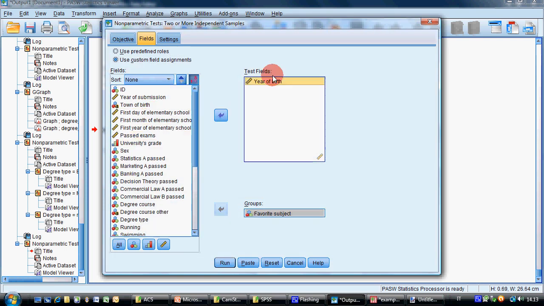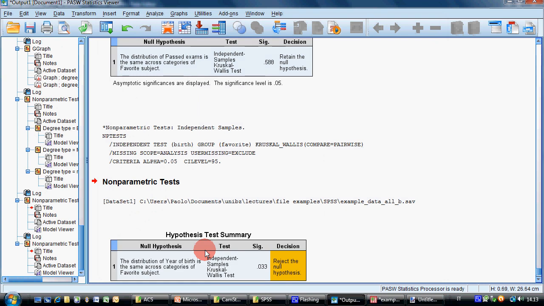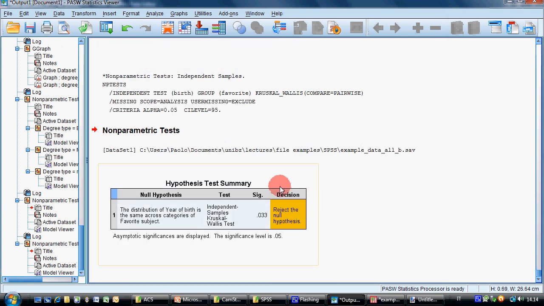Maybe older people prefer some subjects. Reject the null hypothesis. In fact, there is a significant difference in year of birth depending on which one is your favorite subject. As usual, it doesn't tell us in which direction and which is the category which is different from the others.